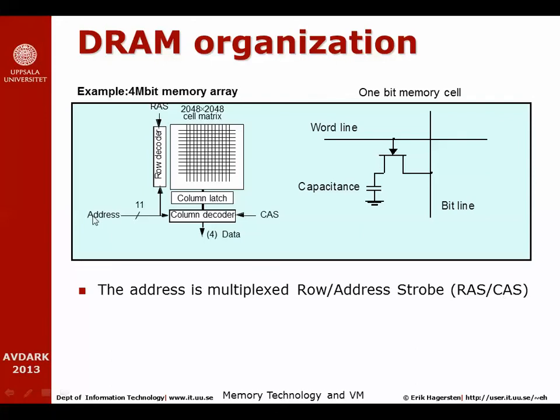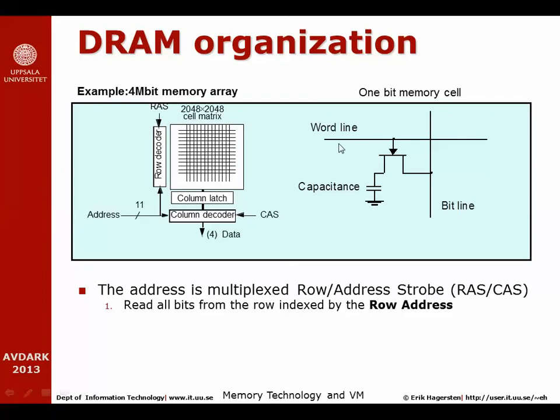So what's happening here is that you will supply the 11 bits of row address, which will be stored up here when you toggle the RAS signal. And these 11 bits will be used as an index function to uniquely identify one of these 2K rows.